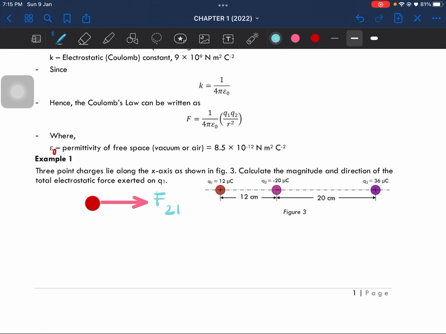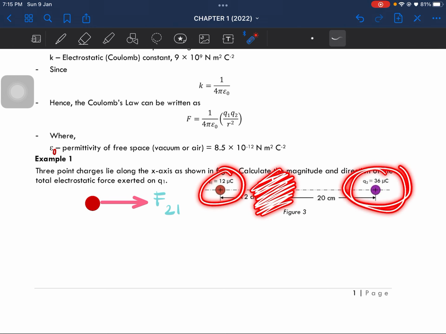Then we will be looking at charge number 3, so we will be ignoring this one. For positive and positive charges, this is going to produce a repulsive force because they are similar in charge, so they will try to get away from each other.